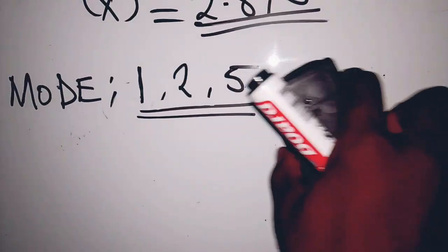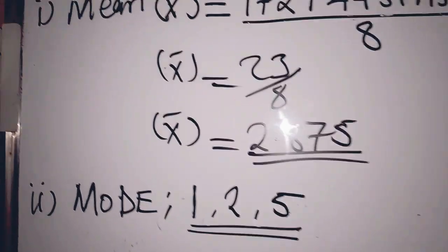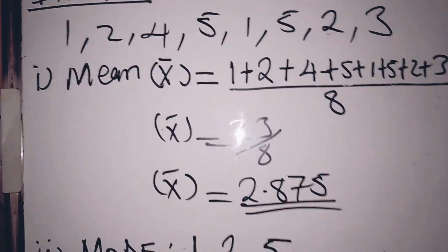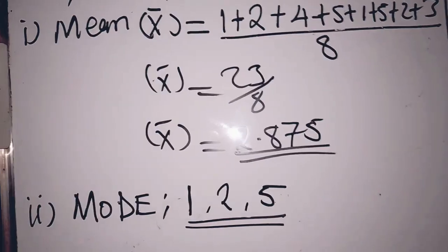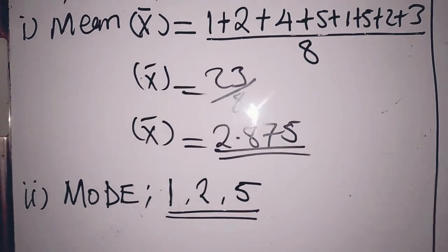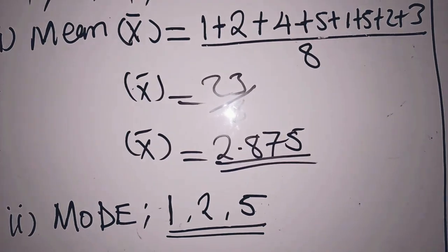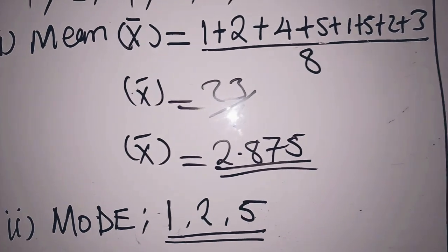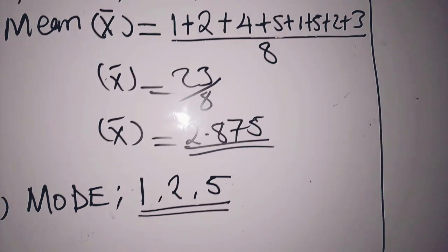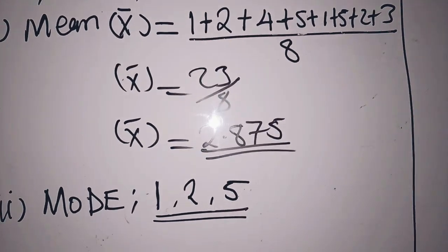So don't say all of them are modes. No, it can't be. Okay, take note of that. Please pay attention, you can't have a question whereby all of the numbers you are given are modes.